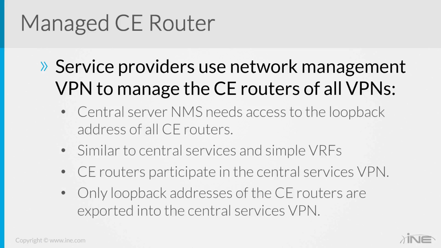This also allows the network management server to access the loopback of all the CEs, which allows me to keep track of them. And let me ask you a question: why loopback and not the physical interface IP? Any ideas? Well, the main reason is if you can connect to the loopback, you know the router is more than likely up, because it is possible for the circuit to be down.